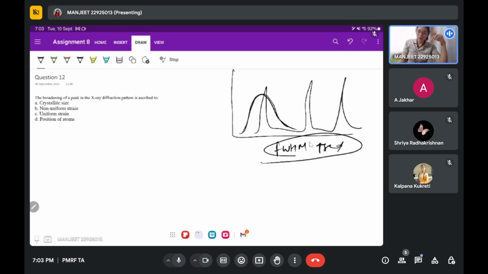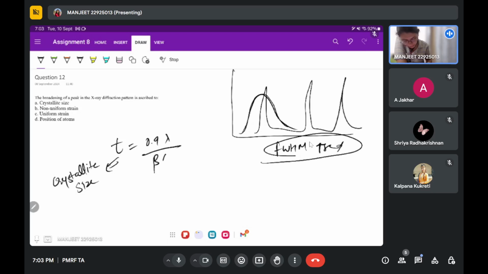Broadening and the crystallite size: how is the crystallite size related to the FWHM? We know that t, the crystallite size, is equal to 0.9 lambda over beta cos theta, where beta is your FWHM value.